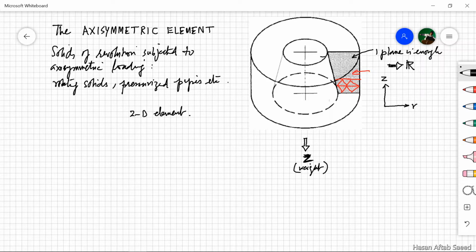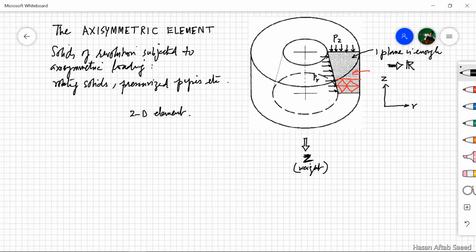Similarly, if you think this pipe is subjected to internal pressure, then this will be pR. Obviously, this is happening on all planes, but we are focusing just on one plane. And if there is another pressure in the longitudinal direction, for example, this would take a negative sign since it is downwards, but this will be pZ. So we need to incorporate all these body forces and pressure forces in our formulation.